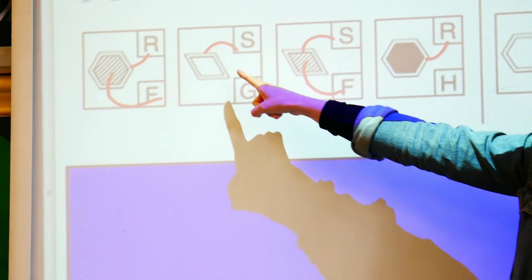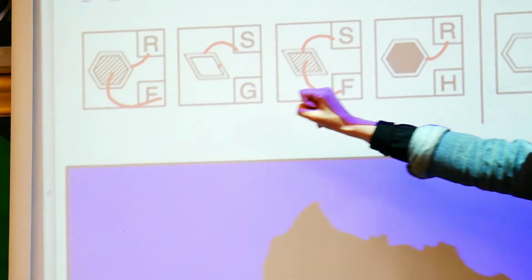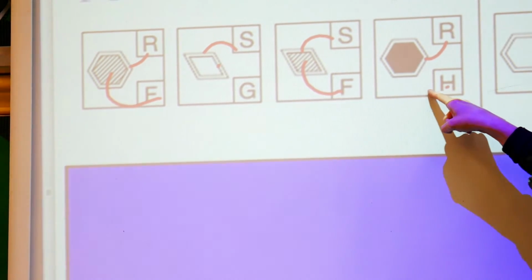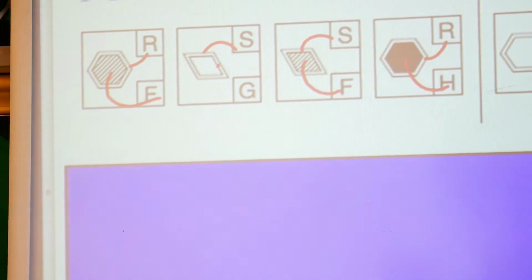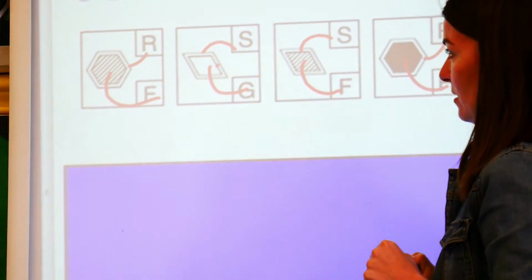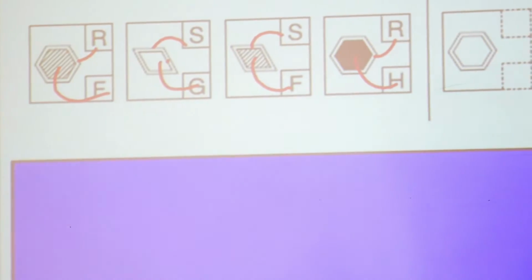This shape here is a white middle. This one here is a black middle. So I'm going to say that H represents a shaded inside, a black inside, and white represents an empty inside. Okay, because I've got all my code sorted now.